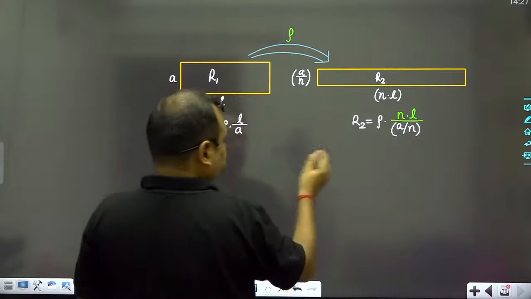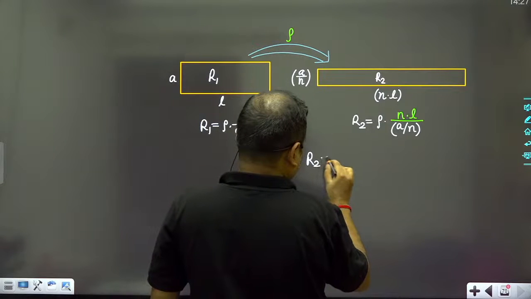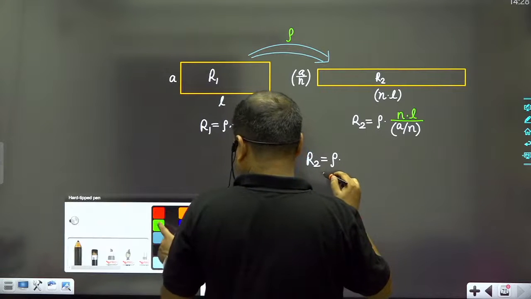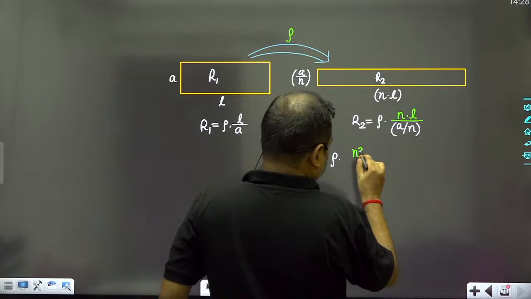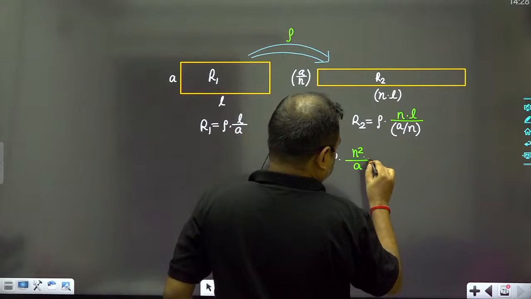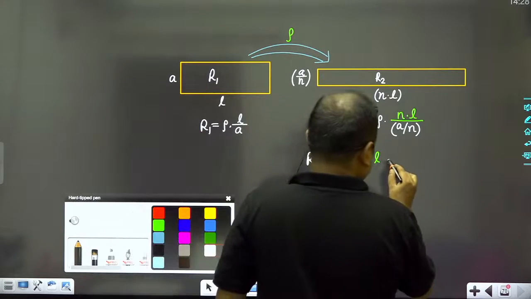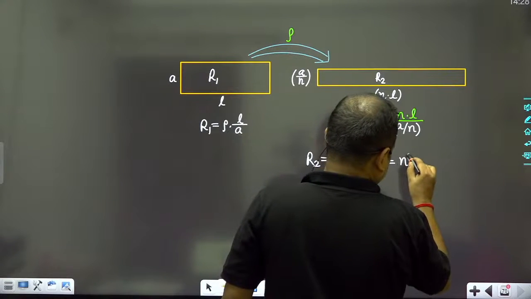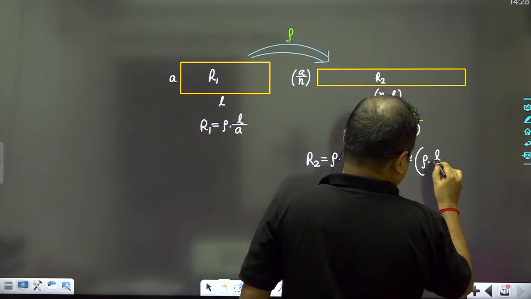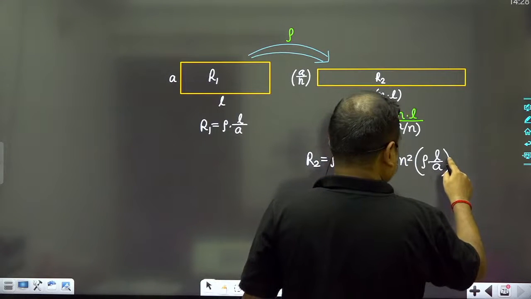Here we can see that R2 will be equal to rho into n square L upon A. So here you can see that n square into rho into L upon A, so this will be equal to this.